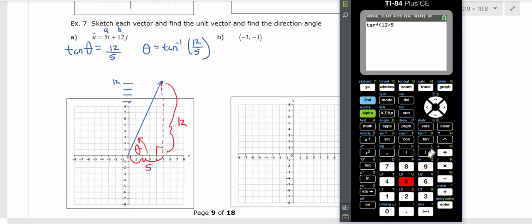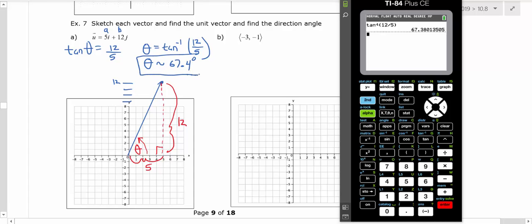The benefit of graphing is you can see if you're on the right track. That looks like it's in the 60s somewhere, which makes perfect sense. So the direction angle would be approximately 67.4 degrees.